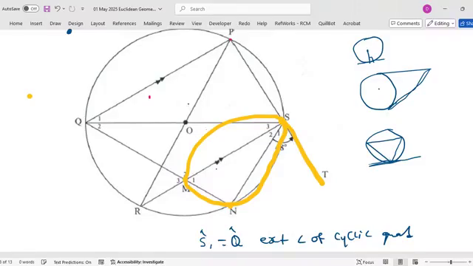Okay. If we are seeing the tan chord theorem, can I change the color of the pen so that we can see what I'm emphasizing?